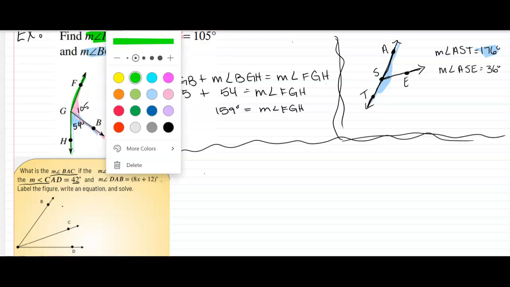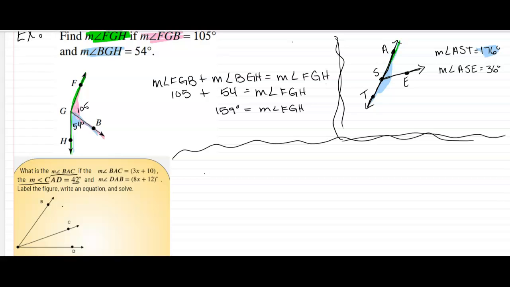Then the measure of angle ASE, which is this part right here, is equal to 36 degrees.